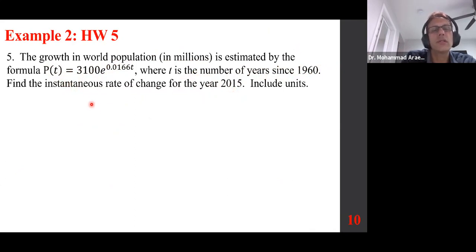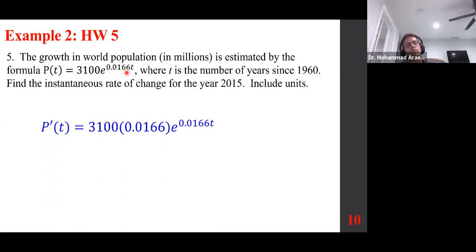So first, let's differentiate, which gives you 3,100 times the same thing, e to the power 0.0166t, and then by the chain rule times the derivative of the exponent, which is 0.0166. Okay, everybody?